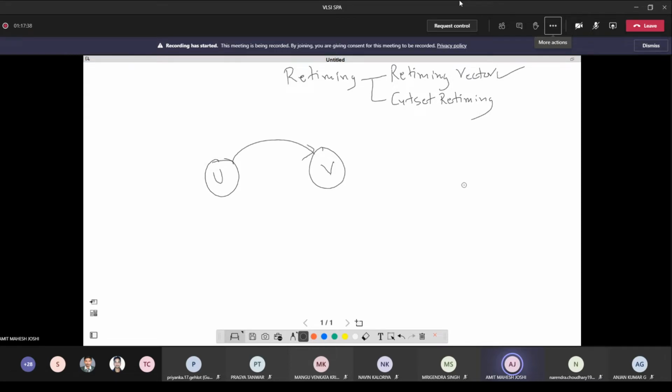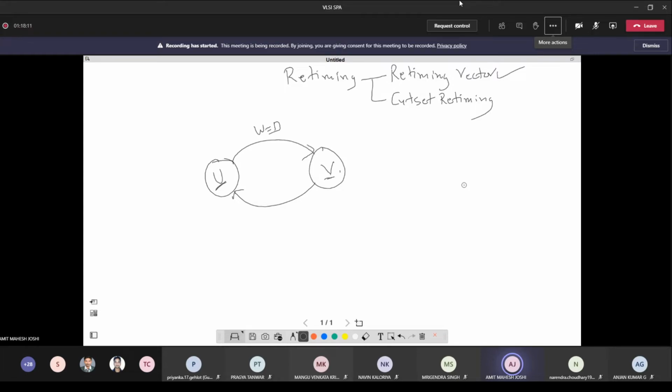So what this suggests is that node U will perform its functionality and the output of node U is given as an input to my node V. And over there, let's consider the weight is D. Now there is another edge which goes from V to U. So that means node V will perform its functionality and after that it will pass the data to node U. So this is one simple graph which is given to you.